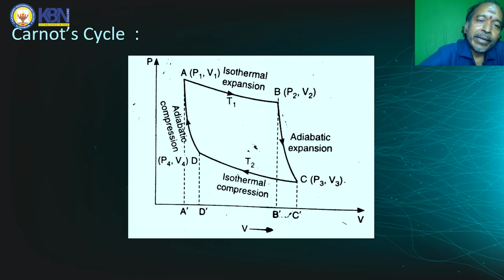In adiabatic compression, the working substance is placed on the insulating stand. Here the temperature rises from T2 to T1. It is one complete cycle. This is called the Carnot cycle. These are the 4 operations. So along AB work is done by the gas, along BC work is done by the gas, along CD work is done on the gas, and along DA work is done on the gas.